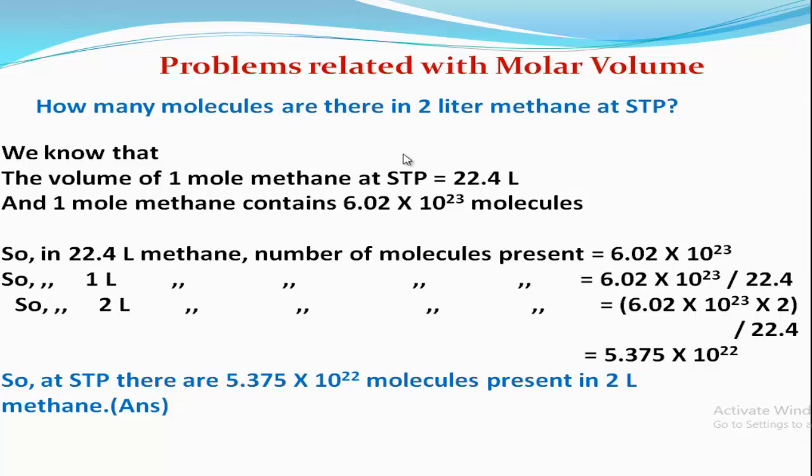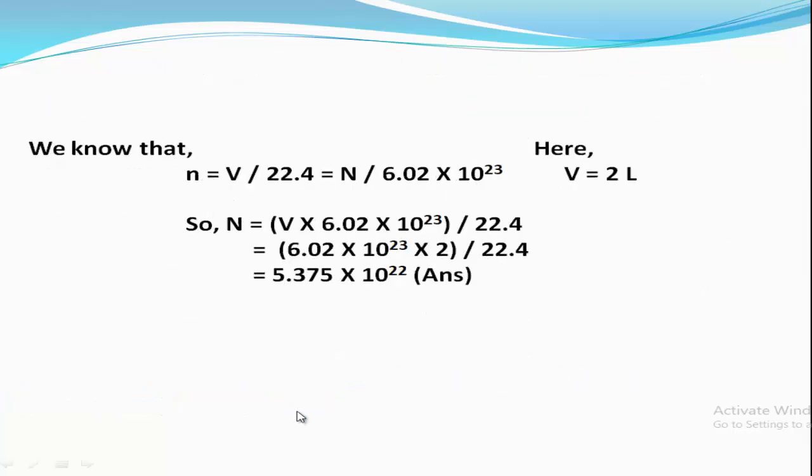But we can also solve this problem in a short way, using formula. What do we know? n equals V by 22.4, and also we know small n equals capital N divided by Avogadro's number. In this problem the volume is given, that is 2 liter, and we have to determine the number of molecules, that is capital N. So by simplifying these two formulas we get this shape.